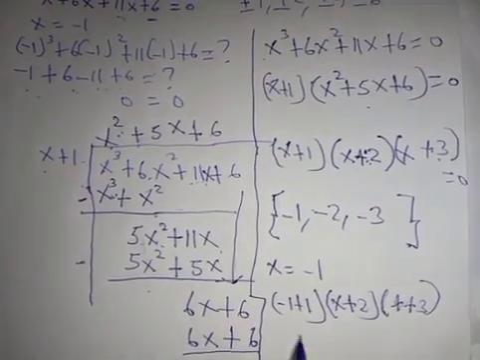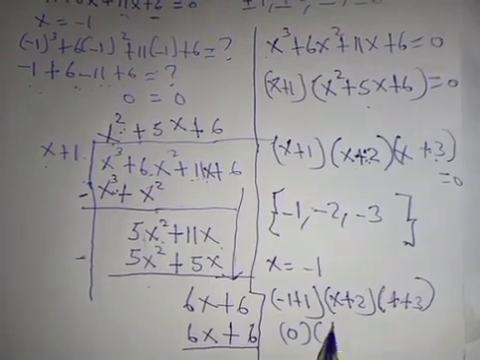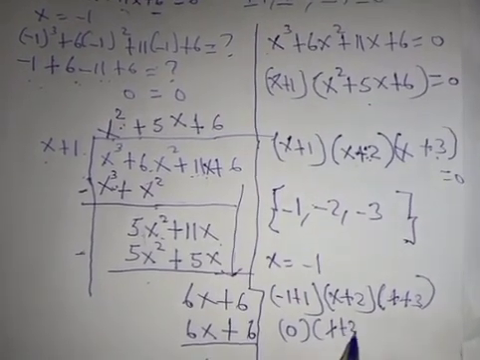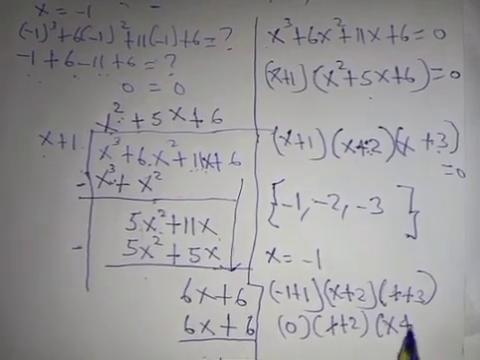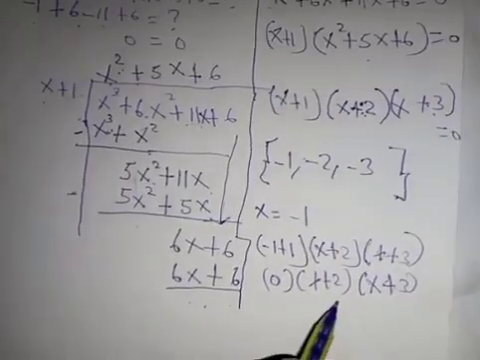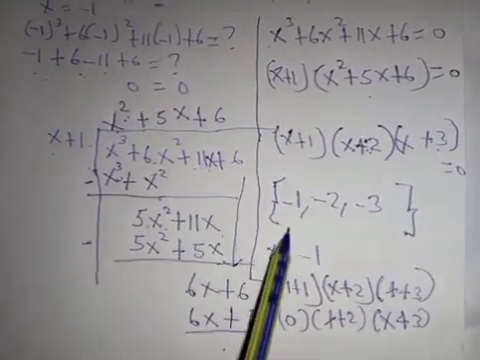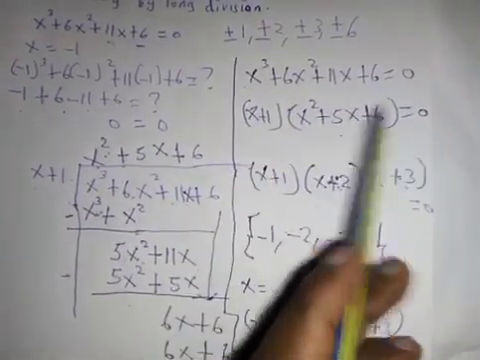So -1 plus 1 will give us 0, 0 times (x + 2) multiplied by (x + 3). Any number multiplied by 0 will give us 0, meaning that now x equal to -1 is a solution of our cubic equation.